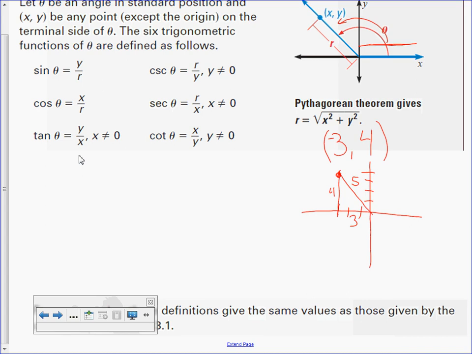And every trig function, the sine of theta is y over r. Cosine of theta is x over r. And now these x and y's correspond to the ordered pairs. And then tangent of theta would be y over x.